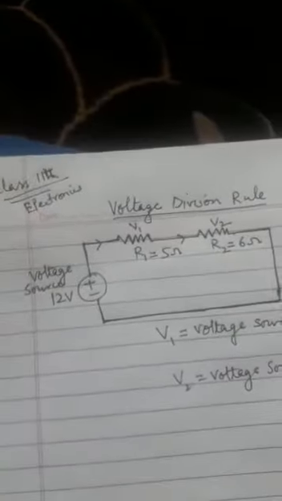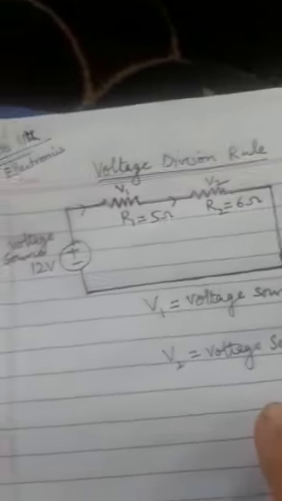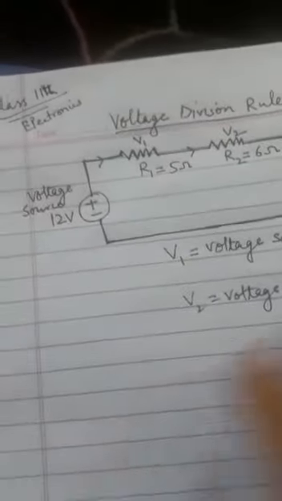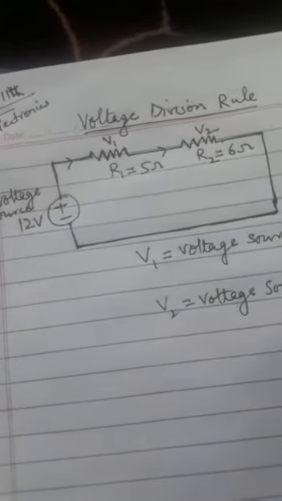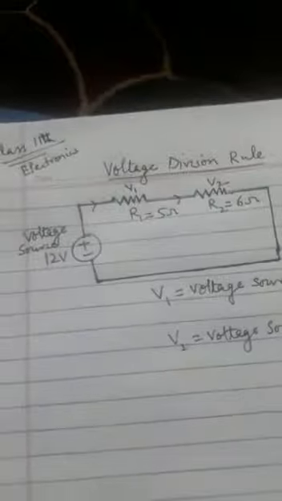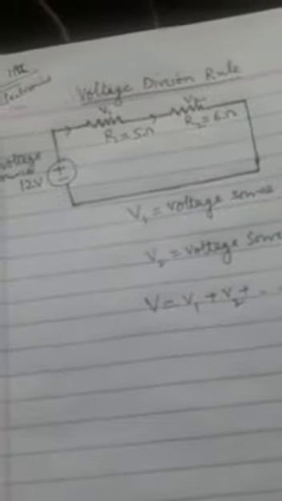We are aware that when the voltage is being taken as V is equal to V1 plus V2 plus so on, it means the voltage is being taken in divisions.